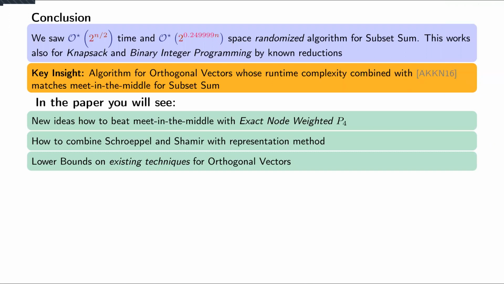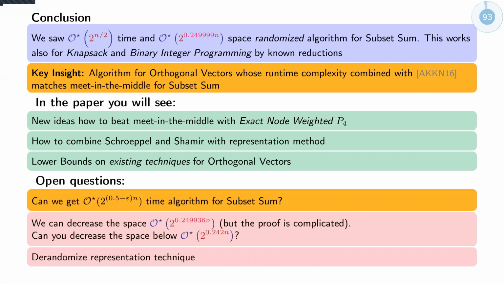In the paper, I want to advertise that you can also see how we extended this representation method and proved some lower bounds on the size of this graph used in the orthogonal vectors algorithm.